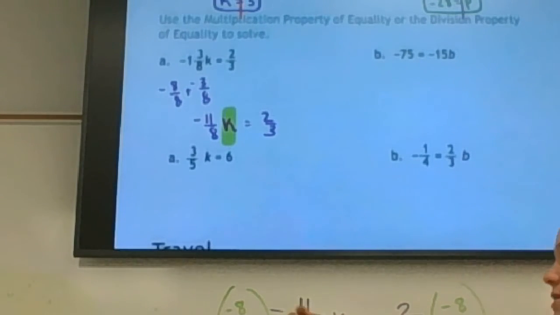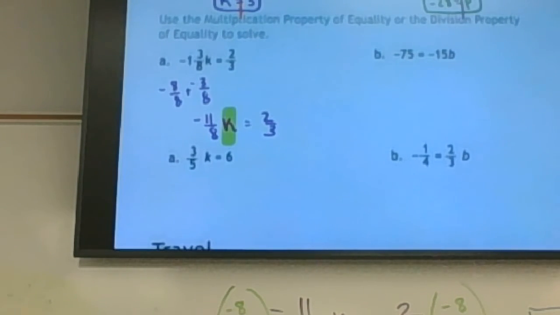Because this would be negative 88 over 88. Well, negative times a negative would be positive. So this is now a positive 1. It's a positive 1k equals 2 times 8, 16. 3 times 11, 33. We don't need that 1 in front.